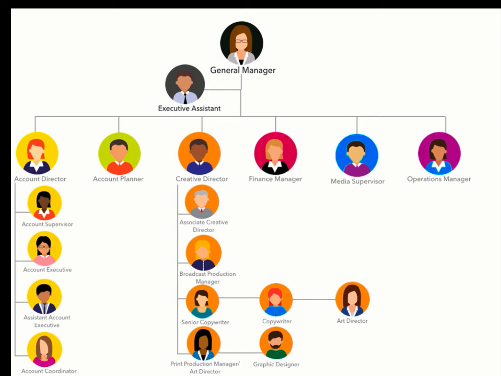So next you see here a big, large tree of the creative director. The creative director is a very, very important person in an agency, because it's their view, their perception, and their vision that gets reflected in most of the work that is done.